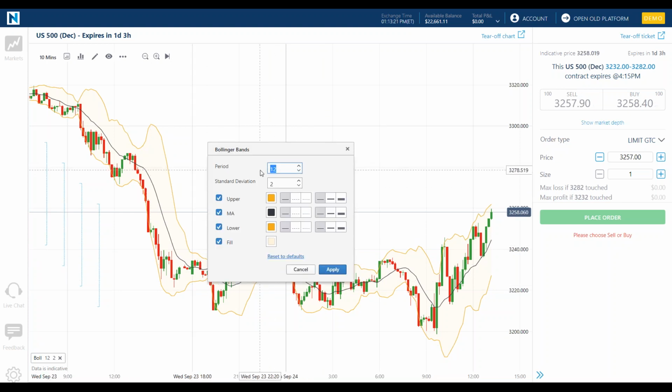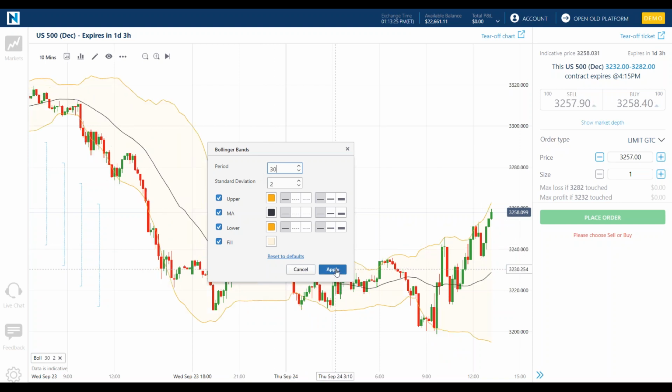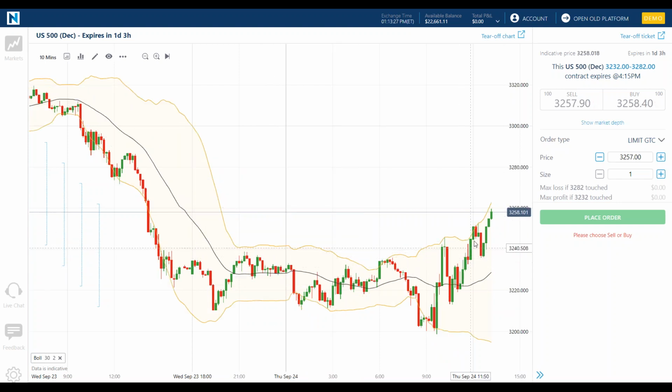Maybe you like a little bit longer periods, so we'll put in 30 bar periods, again 2 standard deviations, and you'll get some ideas on what Bollinger says would be potential resistance levels or support levels. And that can help you potentially make your trading decisions.